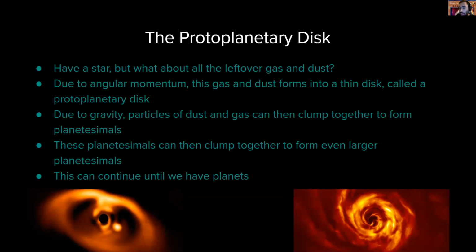In the bottom right image, you don't see that same bright spot, but if you look closely towards the center of that image, you'll see a spot where gas is swirling in. At that spot, we think an exoplanet is in the process of being formed. Now you can go to the next slide.